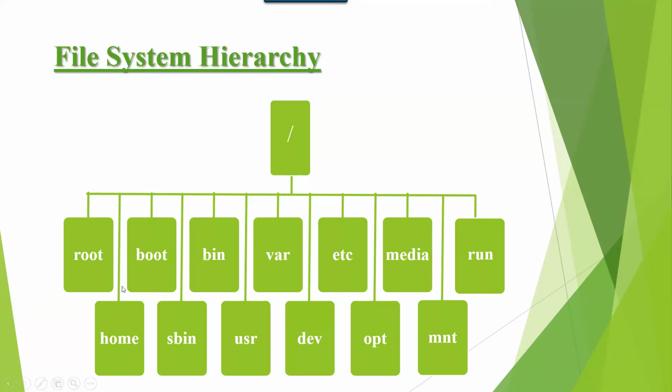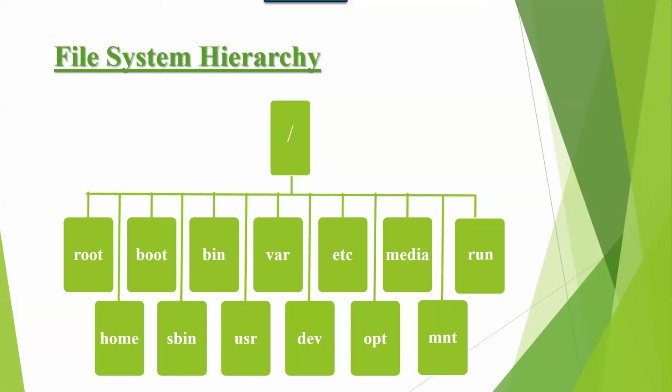Home is the home directory for the normal user. As a normal user, you log in to the computer and create any files or directories, the data is going to be stored under home. In Linux, once a user is created, along with the user, it also creates a directory with the same username. If you create a user Tom, immediately it creates a directory with the name Tom under home. Now again, if you create a user Jerry, immediately it creates a directory with the Jerry name under home.